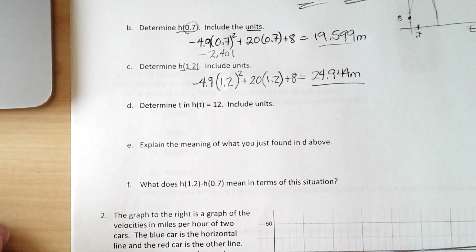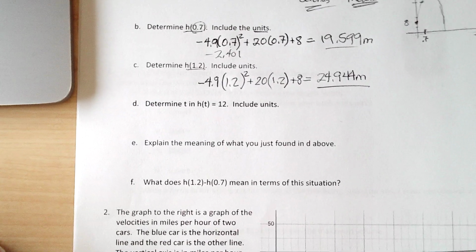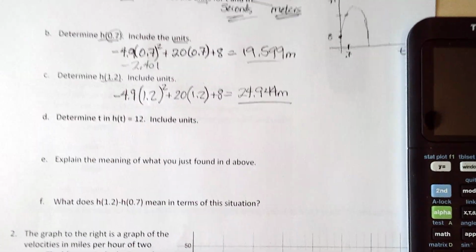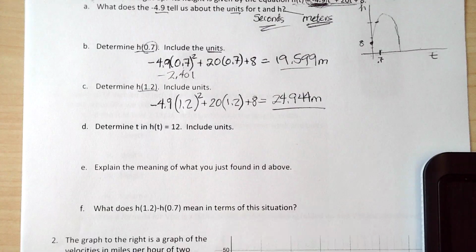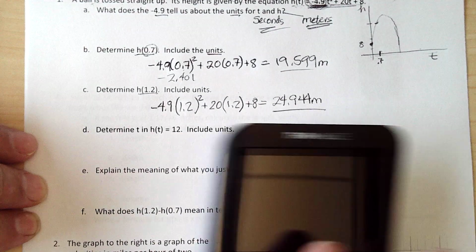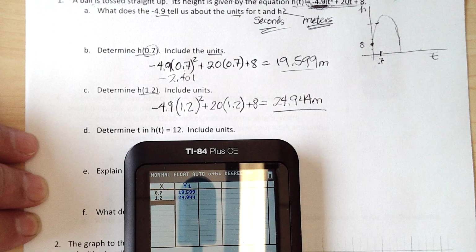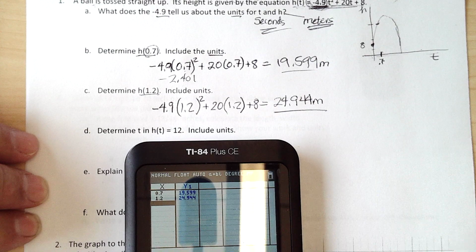Now, let's continue on. It says, now find out when the height is, get this to be in the right place. There we go. When the height is 12. So on the calculator, I can do that. I can sit here and guess at the time that it's at 12 and keep messing around on this table, making guesses.